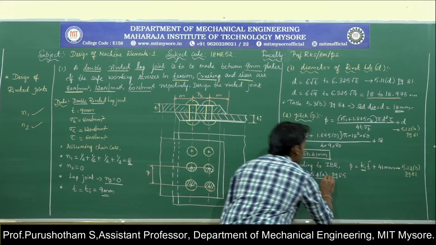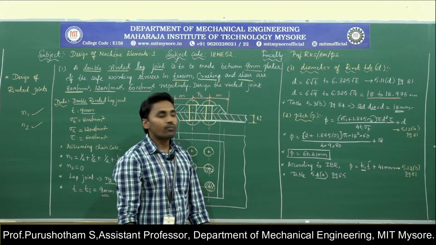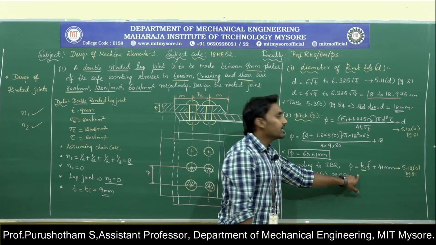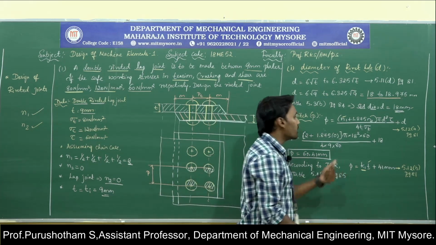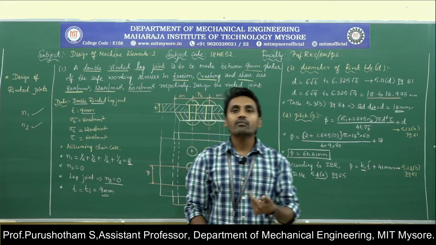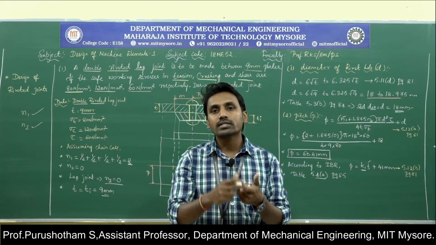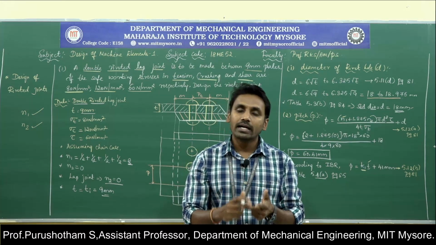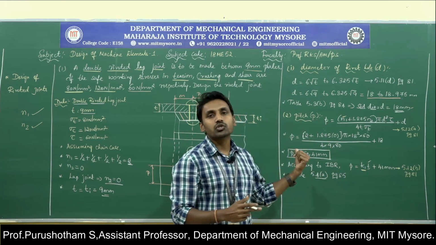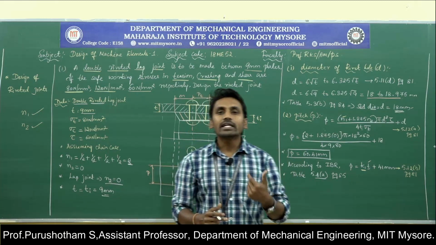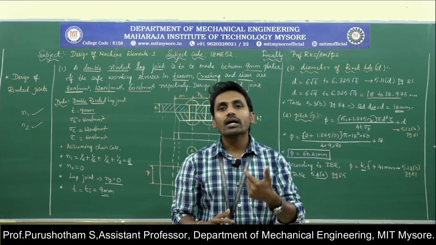In the table on page number 85, there is a column with the number of rivets per pitch, and K1 for lap joint, K1 for single cover butt joint, K1 for double cover butt joint. For the given case, it is a lap joint, so we need to look for the K1 for lap joint.